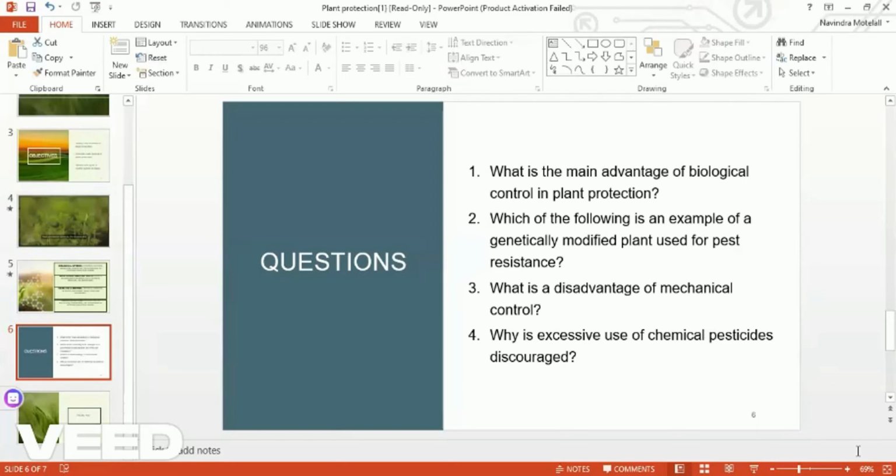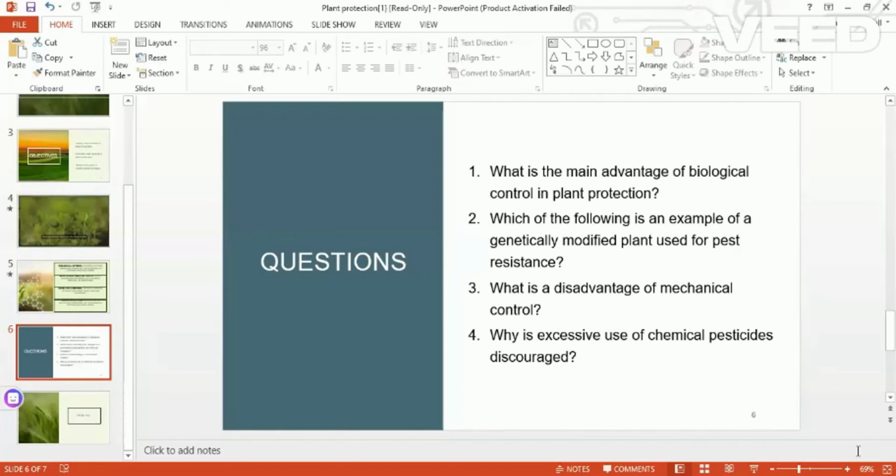So let's move on to the second question. Which of the following is an example of a genetically modified plant used for pest resistance? Miss, I think the perfect example here would be BT cotton, since they are basically transgenic plants.